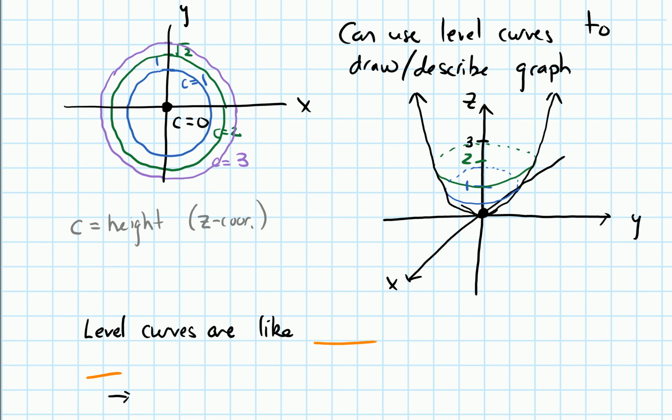So level curves, another way to think about them is they are like contour maps. Or sometimes these are called topographical maps. So if you've hiked before or done something outdoors with a topographical map, or in other words, a contour map, these are often used to describe things like mountains, and they're guides for climbers to know which direction is steeper, which direction is flatter, so they can plan their climbs, for example.